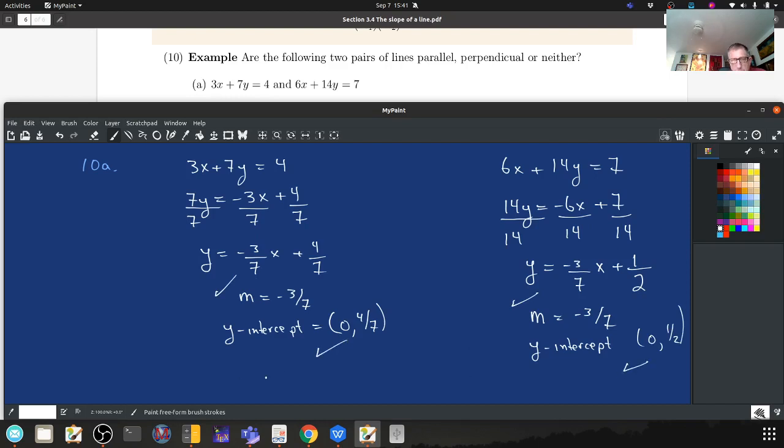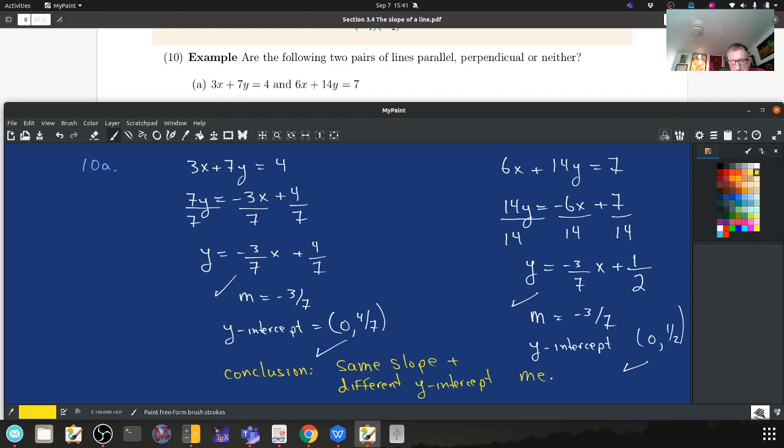So conclusion: same slope plus different y-intercept. It could be x-intercept, but we did y-intercept.